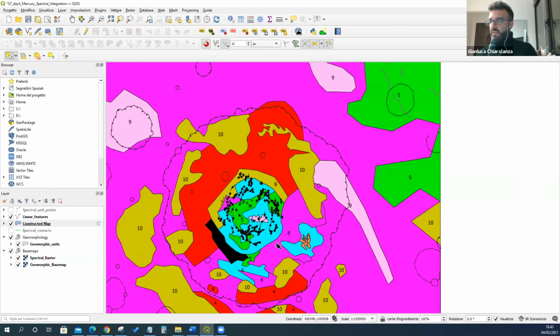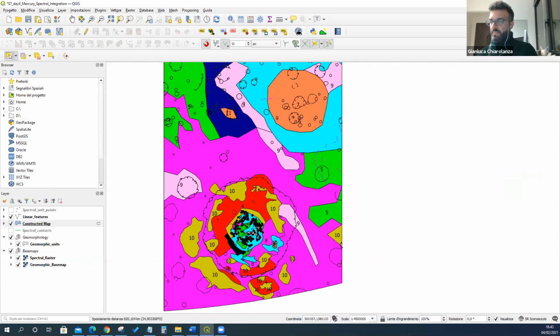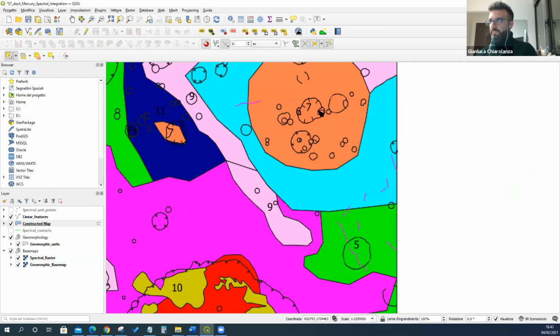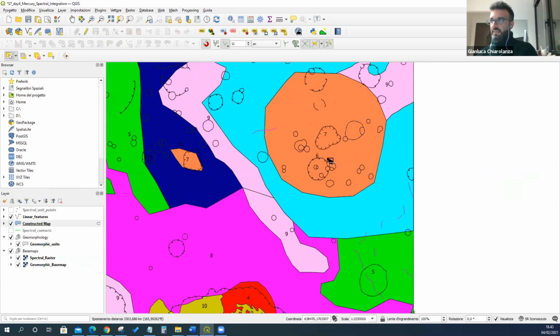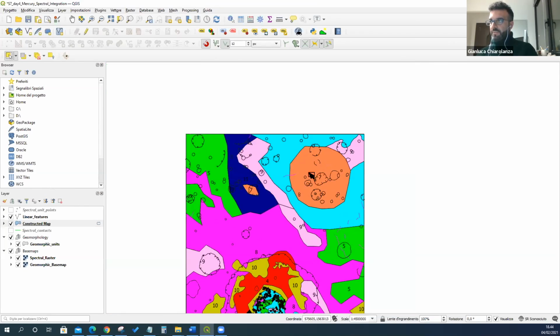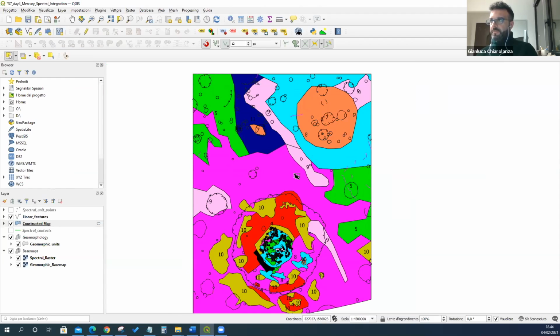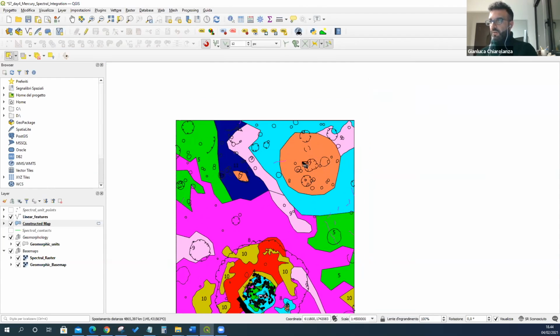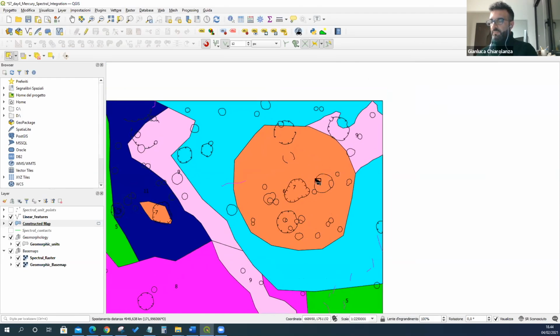Apart from the impact basin, other areas of interest are the one colored in orange. I'm referring to unit 7, which I have mapped in 3 different locations. The largest of them is the one at the northeast, which corresponds geomorphologically to a pit, which is this area surrounded by this scarp.